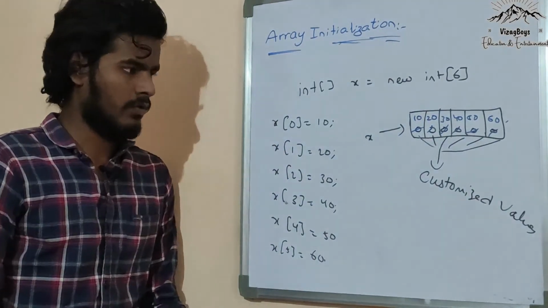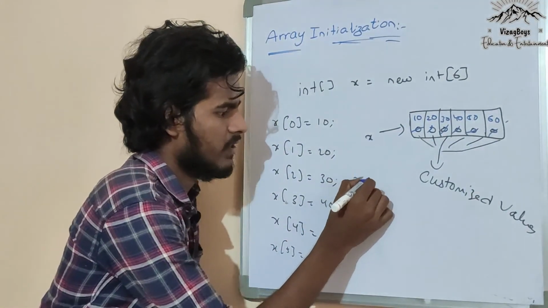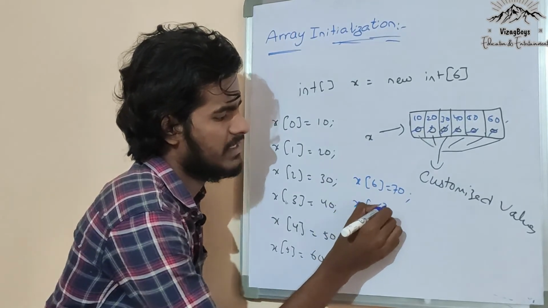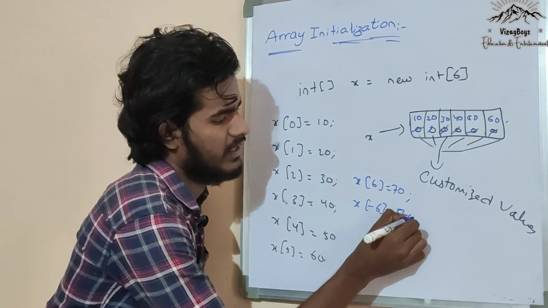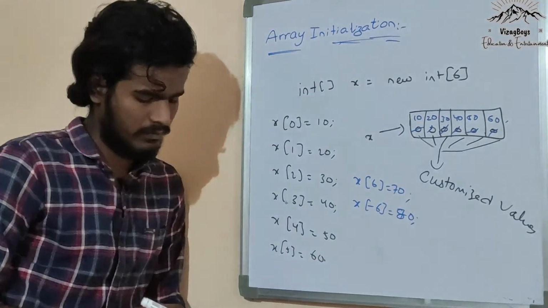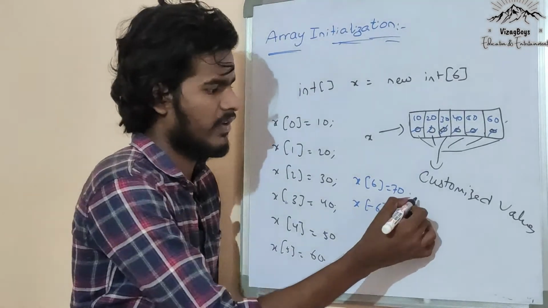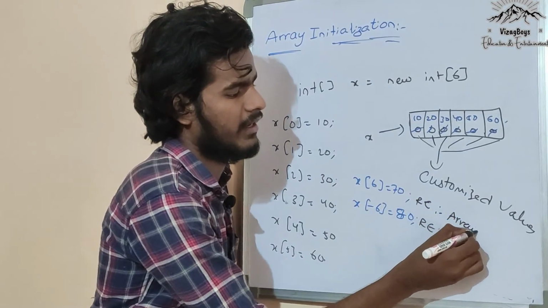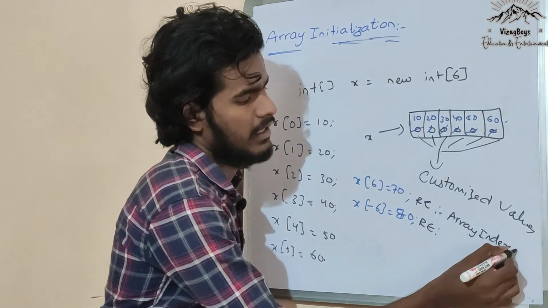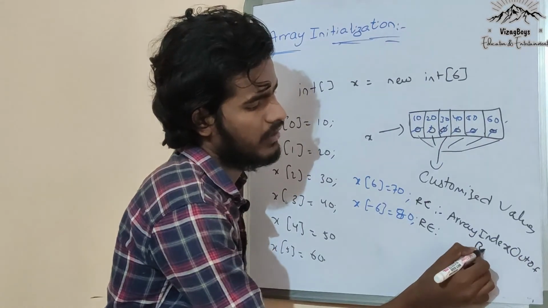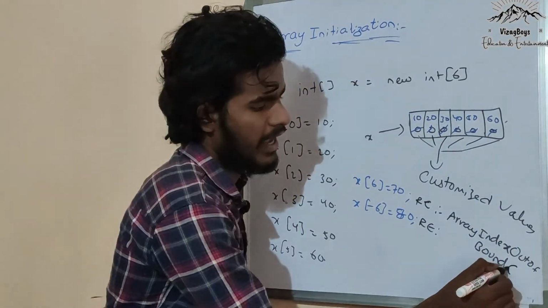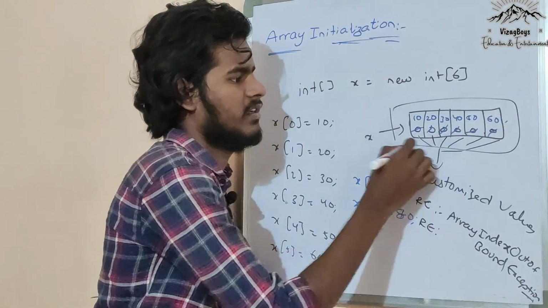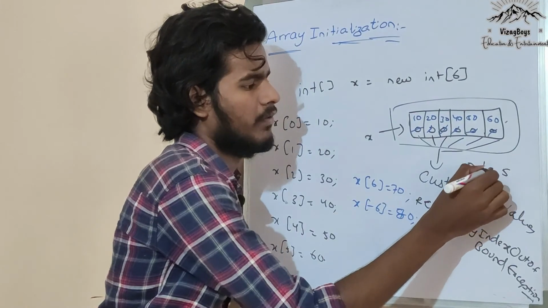Listen carefully. Here X of 6 is equal to 70, X of minus 6 is equal to 80. Here we will get a runtime exception saying ArrayIndexOutOfBoundsException, because the range for this array is 0 to 5.